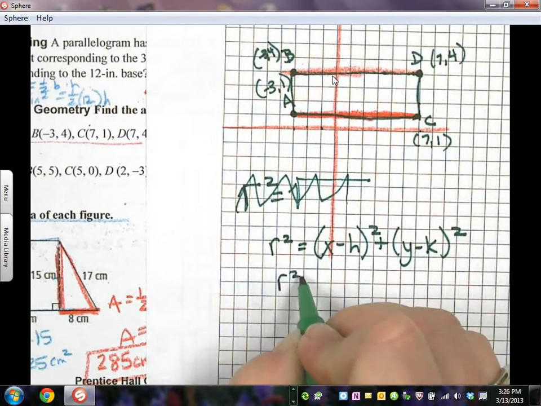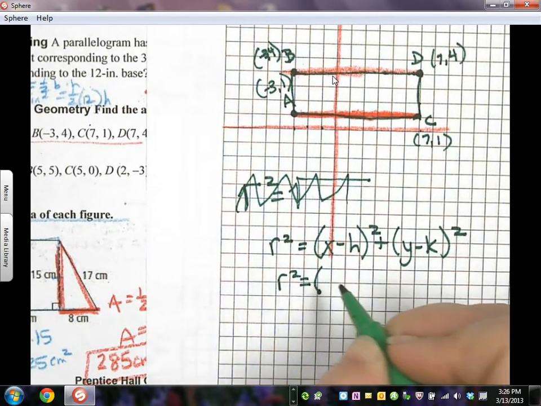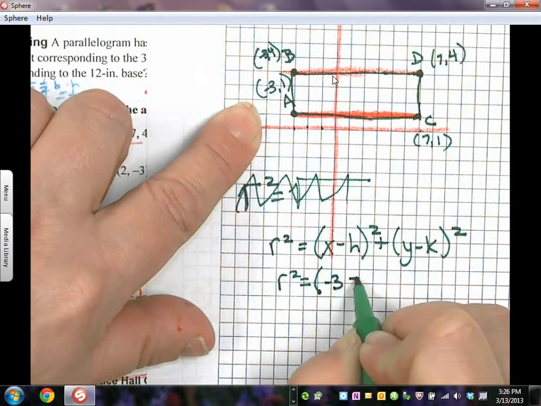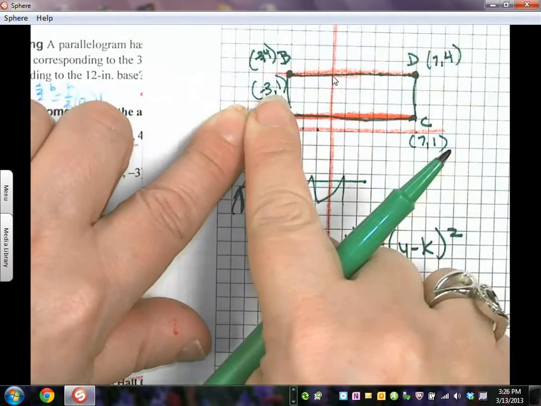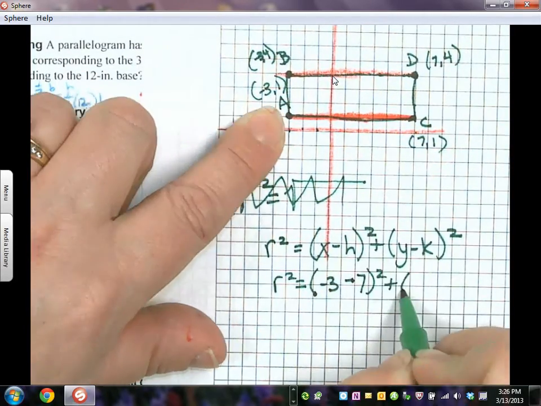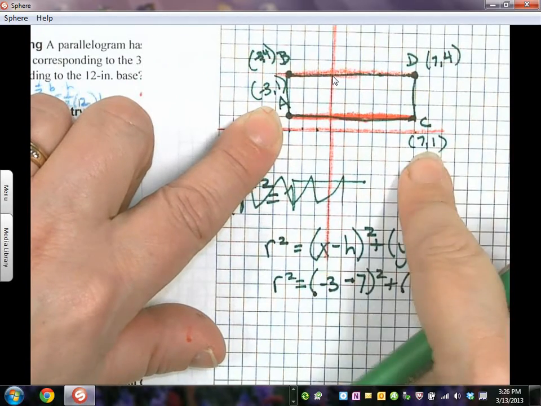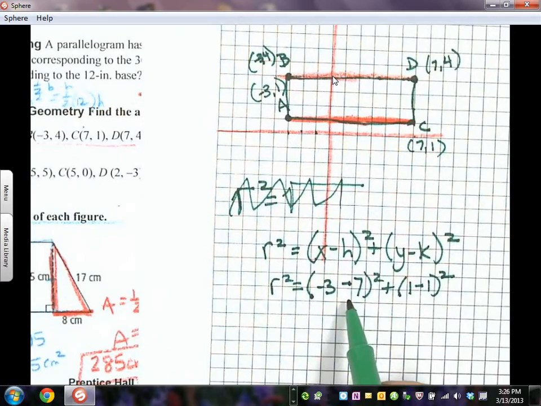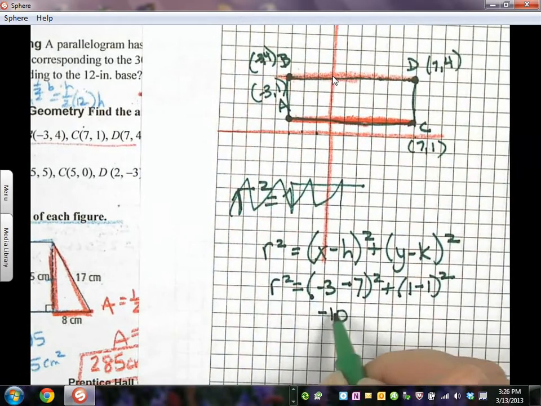So r squared is going to equal x, I'm just going to use one point here, -3 minus my x on the other point, which is 7, squared, plus y minus my other y. So -3 minus 7 is going to give me -10 squared.